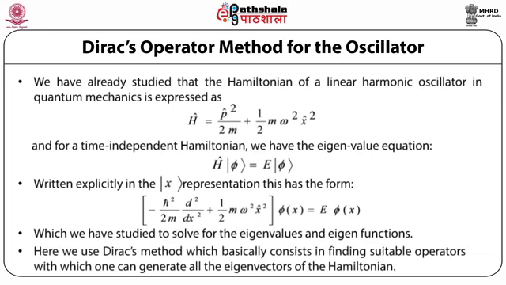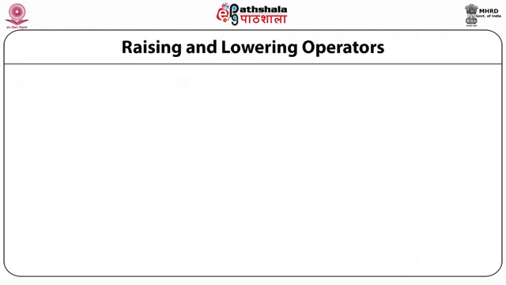Here, we shall use Dirac's method, which essentially consists in finding suitable operators with which one can generate all the eigenvectors of the Hamiltonian without making reference to any particular representation: raising and lowering operators.